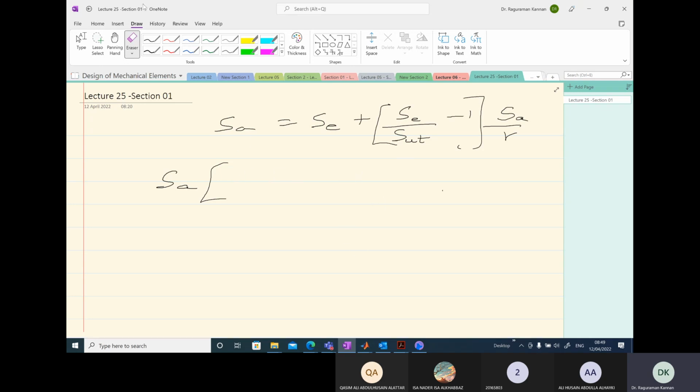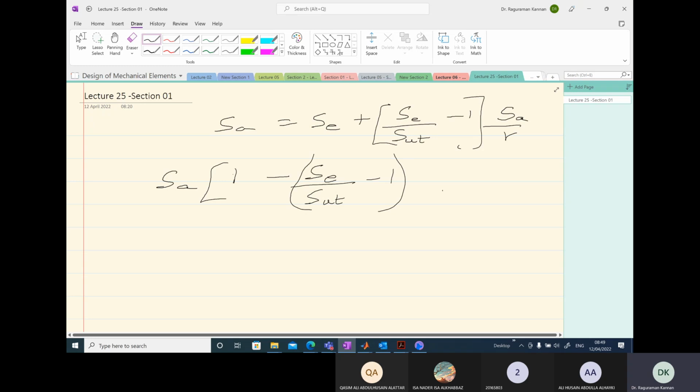Let's rewrite this. So we will have 1 here. We have to take the entire term to the left hand side. So let's open up another bracket here: SE over SUT minus 1, the whole multiplied by 1 over R is equal to SE.